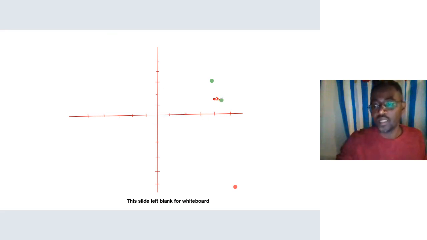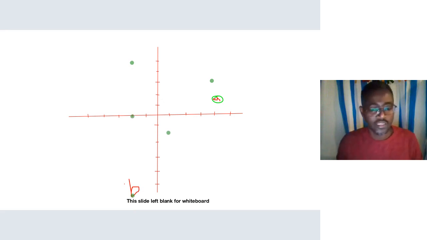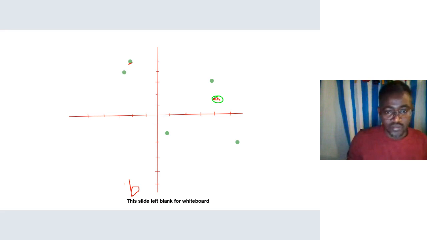So locate B, locate C. Just type randomly. So anyone can work on B, and another one can work on C. So locate the point so that I can see the point. Make sure it is a straight line so it will not be confusing.